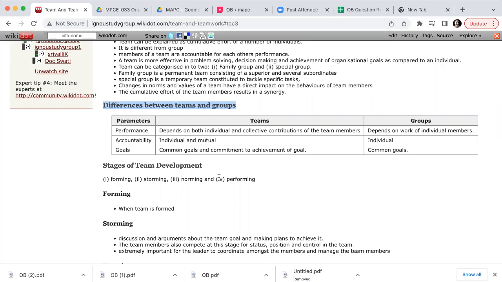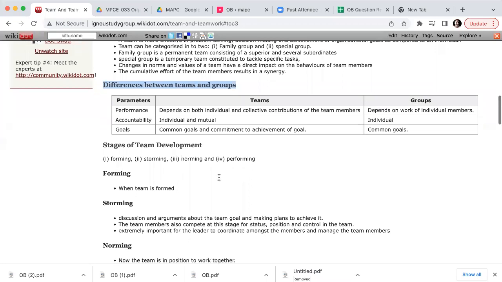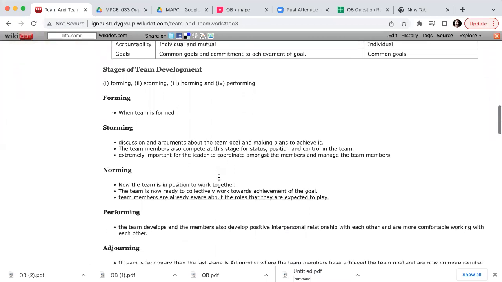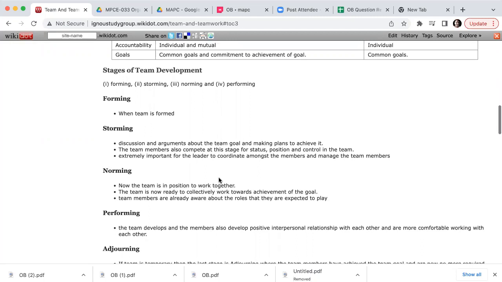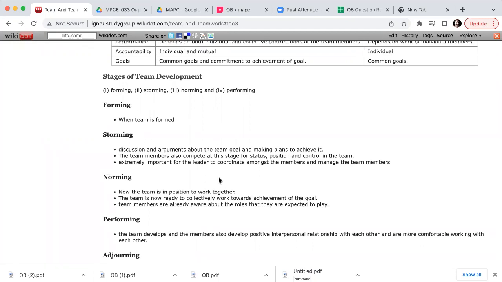Okay, so there are 4 stages as far as the team is concerned. Now we are going into the stages of team development. There are 4 stages that really happen in a team development activity. One is forming. This is where you are bringing the team together, right? So first of all, this is the stage of forming a team. Second is storming.